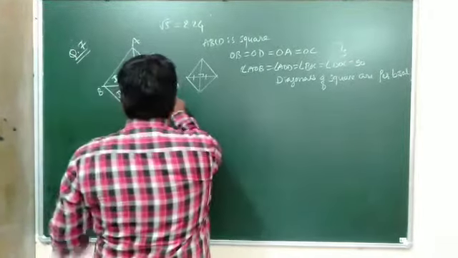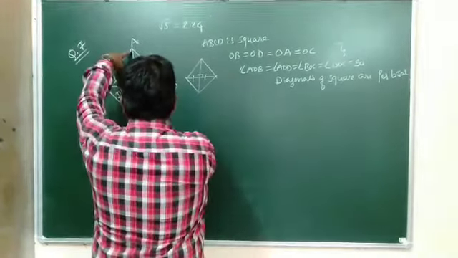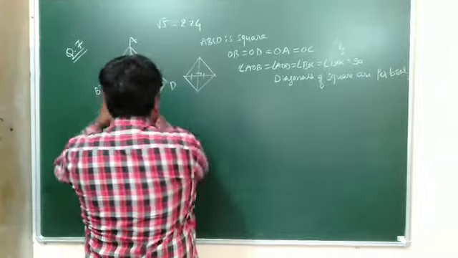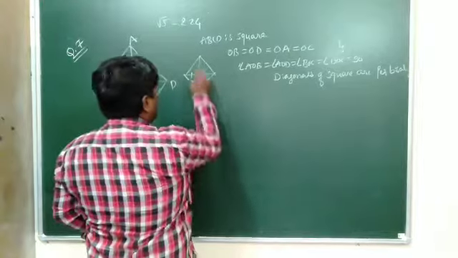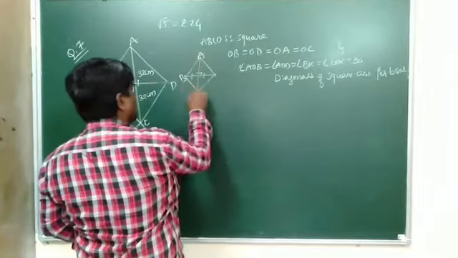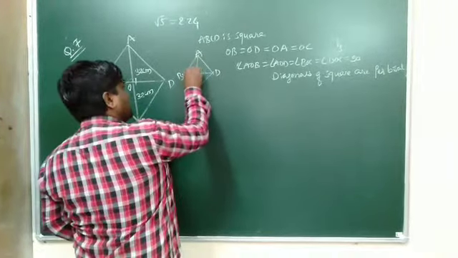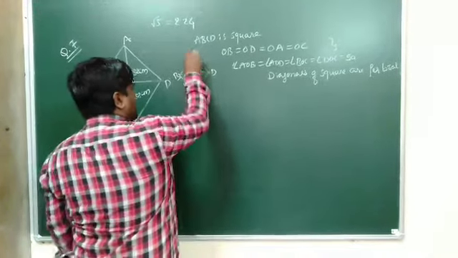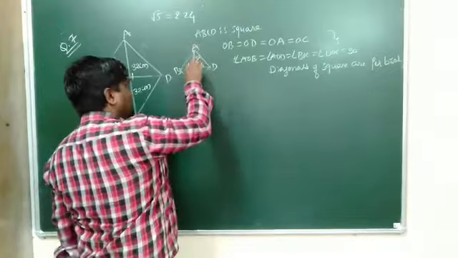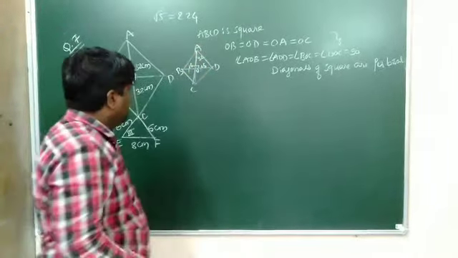So this is totally 32 and this is also 32. So this becomes halves. This becomes 16 and this is 16, and this is also 16, this is also 16, and overall AC is 32.